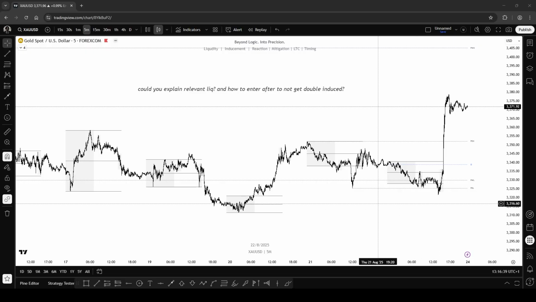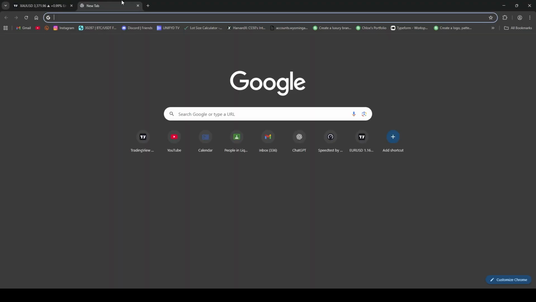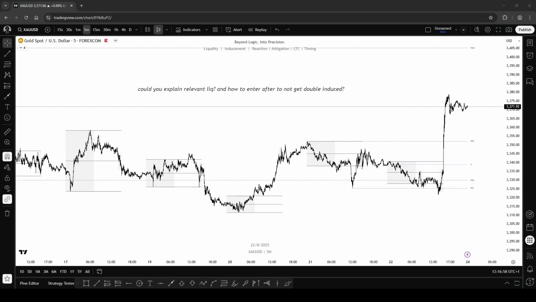They take relevant liquidity and create on the opposite side a relevant liquidity to be taken, because everything happens for a reason in the market. When you have a manipulation, you have a target liquidity. When this liquidity is taken, this is the relevant liquidity, right? Because that's the liquidity the big players are actually targeting.